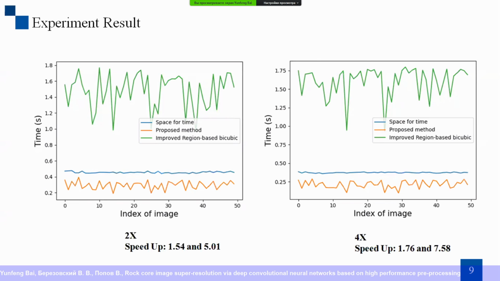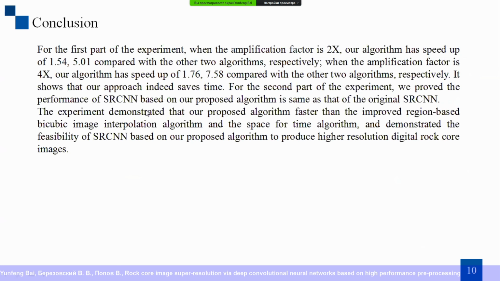And then we found that training and processing the images based on our method does not influence the performance of the result of the PSNR. So we found our method is useful, I think. So now I'm going to make the conclusion, and compare with other two algorithms.